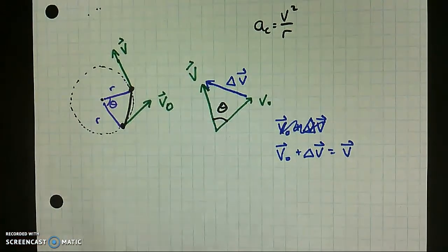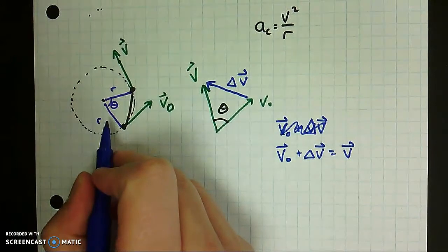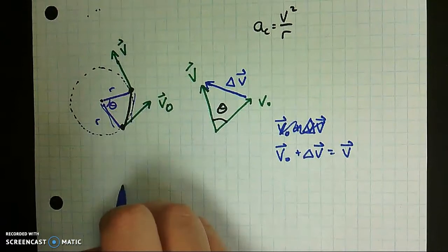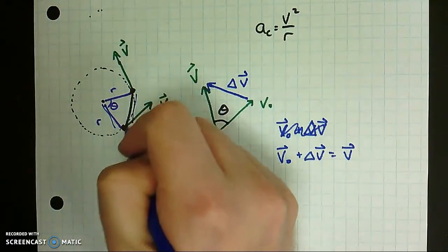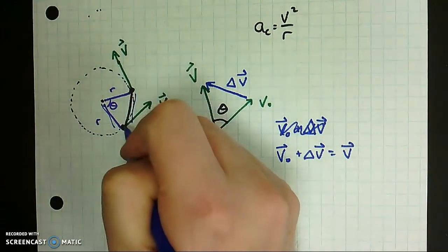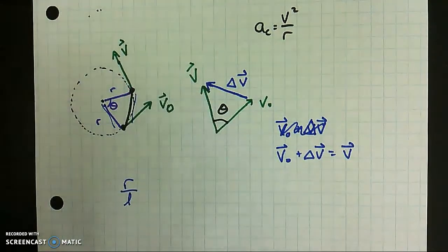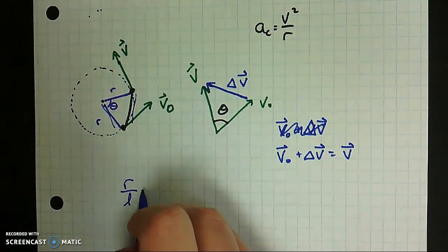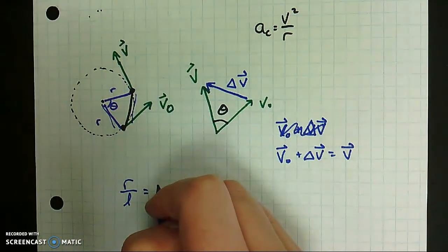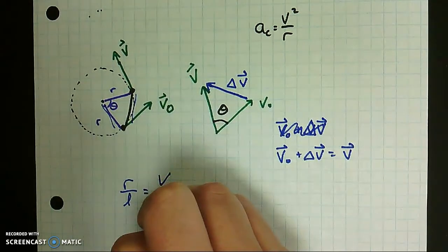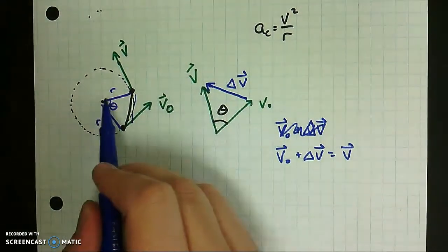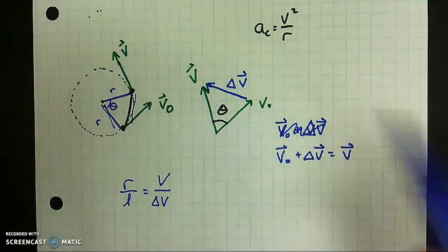So the next thing I can say is, let's look at this side and this side. I'm going to call this side R. And I'm going to call this side little L, because it's approximately the length that I travel. So I can say R over L is equal to the same two on this triangle, so it's going to be equal to V over delta V. Let me re-say what I was saying.